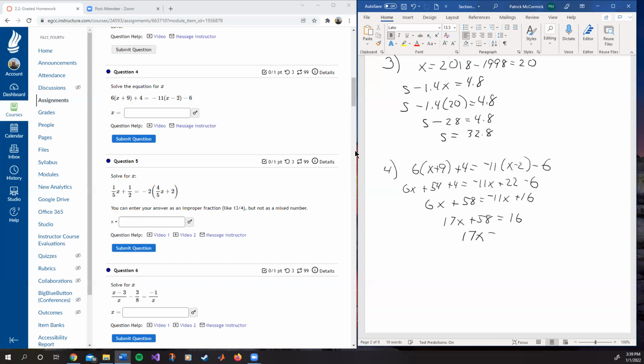Now subtract the 58. So 16 minus 58 is -42, and divide by the 17. So x equals -42 over 17.